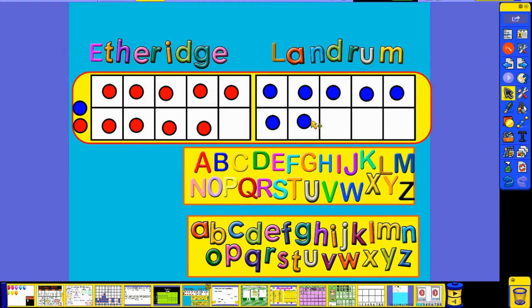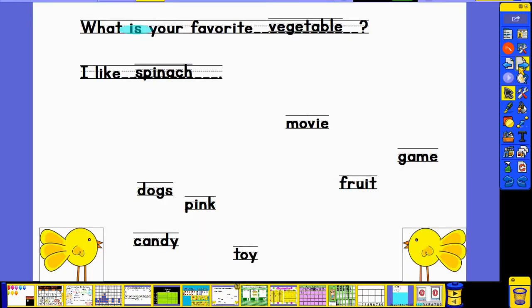Miss Etheridge or Miss Landrum? That's right, Miss Etheridge has more. Let's see, Miss Etheridge has 2 more letters than Miss Landrum. How many more letters does Miss Landrum need to get to 10? So we've got 7 and 3 more to get to 10. And you guys know Miss Etheridge and Miss Landrum are going to take care of you at school, right?